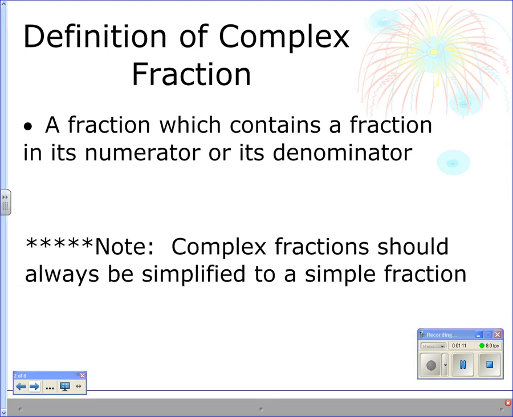Anytime you have a complex fraction, you have to simplify it. Do not give me a complex fraction for your actual answer.